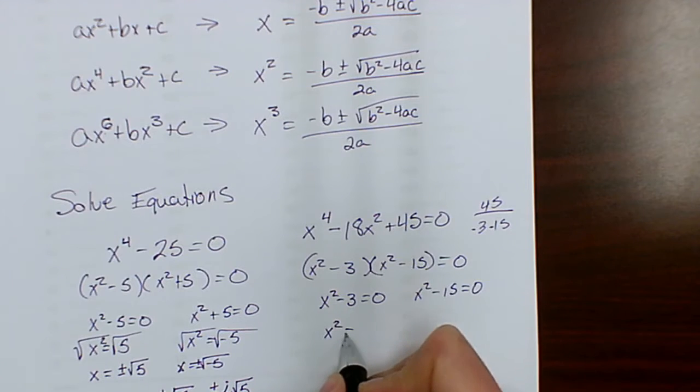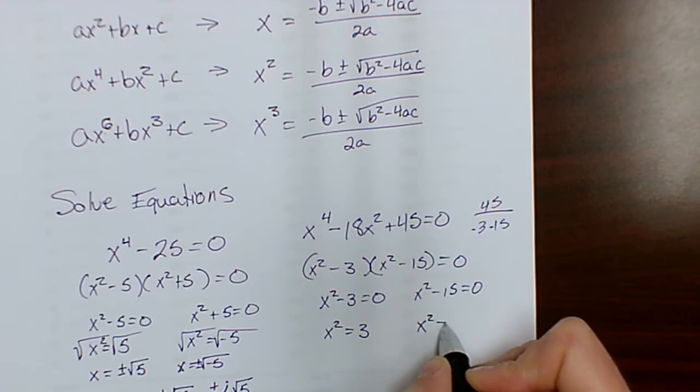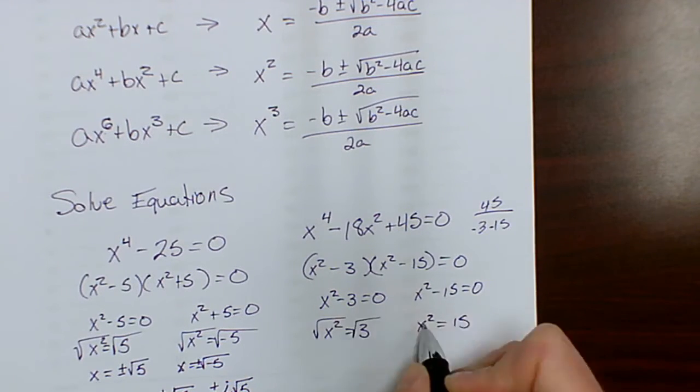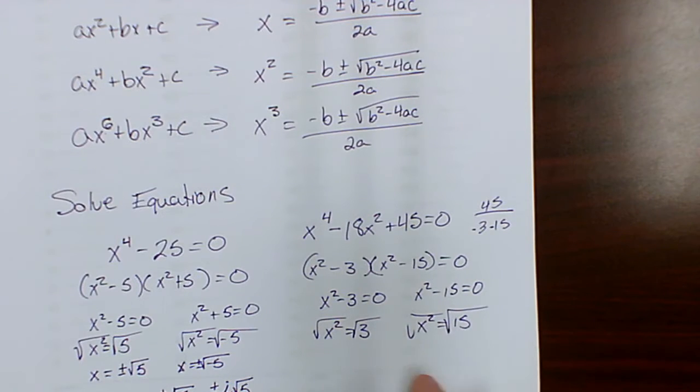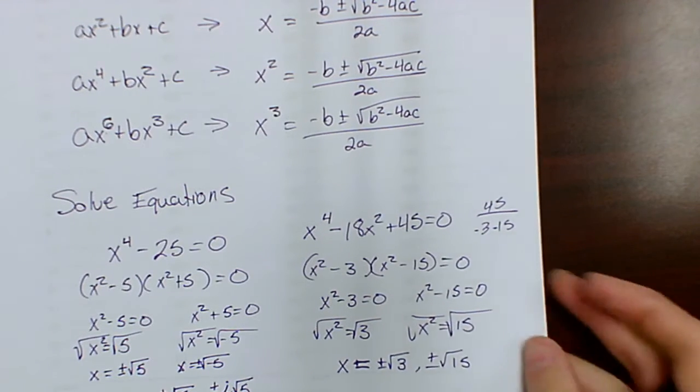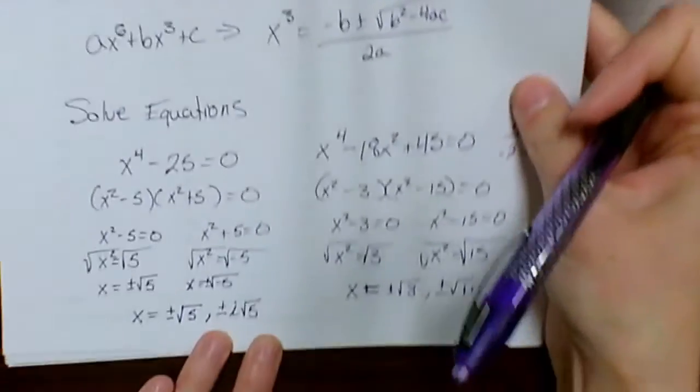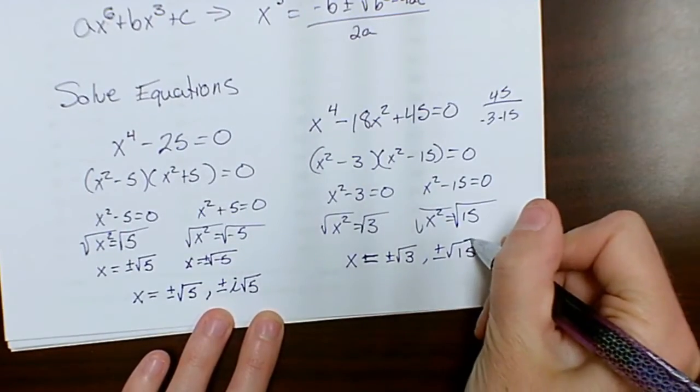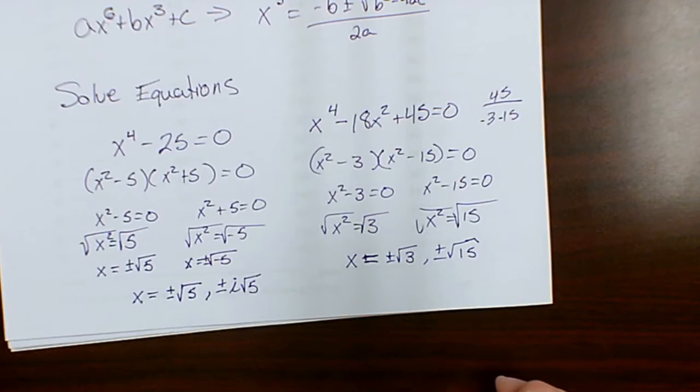Add the 3 over, add the 15 over. Square root both sides, and remember when you square root both sides, you'll get x equals plus or minus square root 3 and plus and minus square root 15. And always simplify your square roots if needed, which in this case we did not need to.